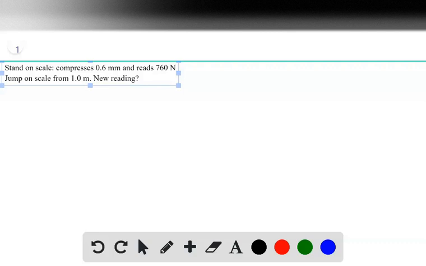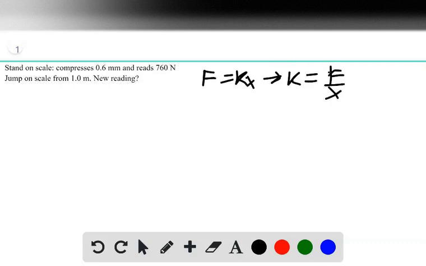So we can start by solving for the spring constant of the scale. I'll write out the spring equation first. F equals kx, and then we can rearrange and get k equals F over x.